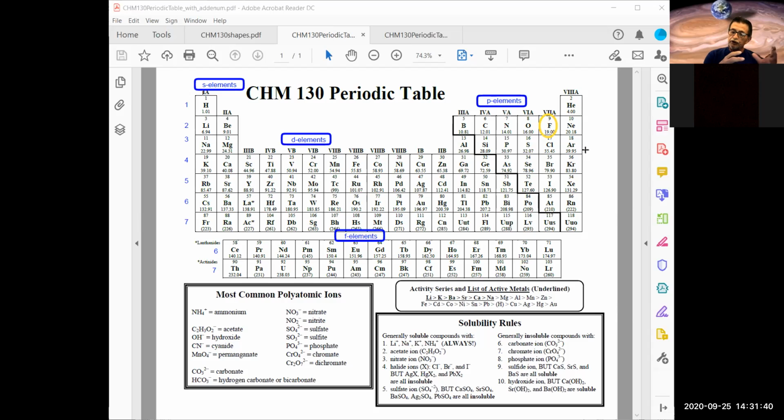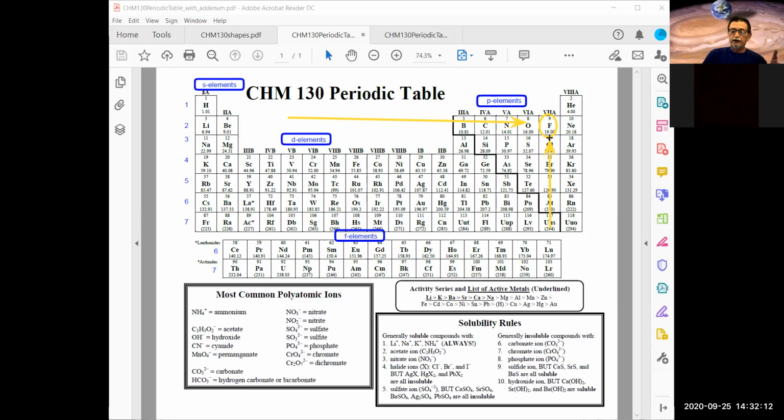And we have either equal sharing or unequal sharing. If there's a difference in electronegativity between two atoms that are bonded, there's going to be unequal sharing. And that in itself has an effect on a lot of things. And so the trend, as stated, is left to right goes up, bottom up goes up.